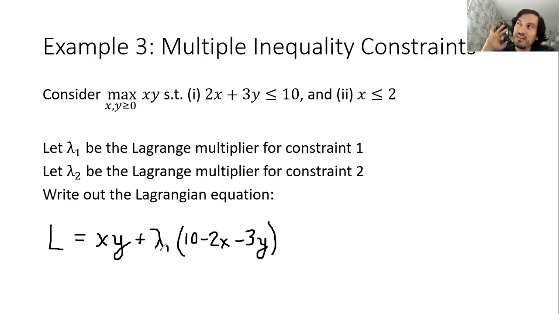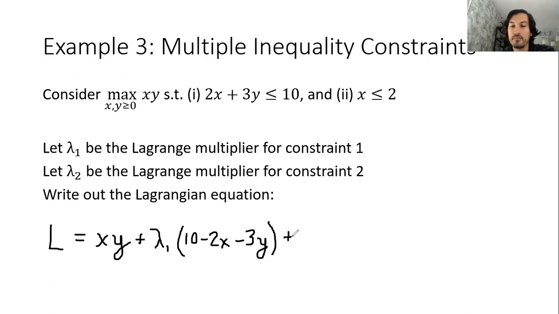We want an easy-to-use convention, and that is to make sure everything's positive. Lambda will be positive or 0. This part will be positive or 0. That's good.